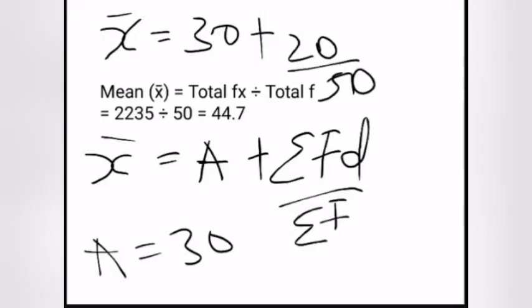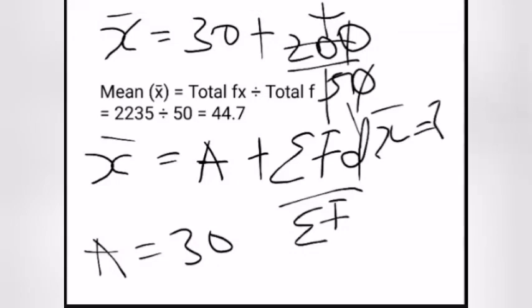Or 20, for instance, that's 30 plus 20 over, let me say you had 200 after adding, sorry, for instance you had 200 after adding, so you have this to cancel out, 5 divided by this, you have 4. So you have 30 plus 4, your mean now will be 34.